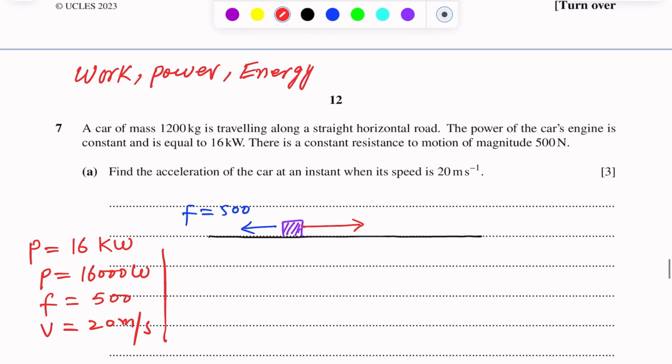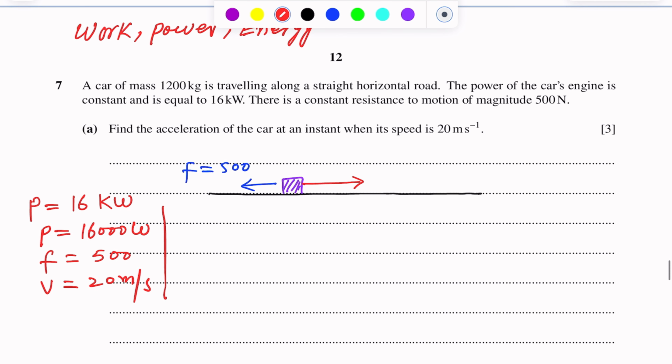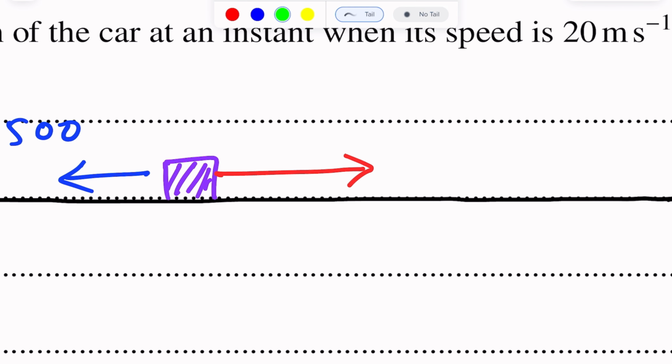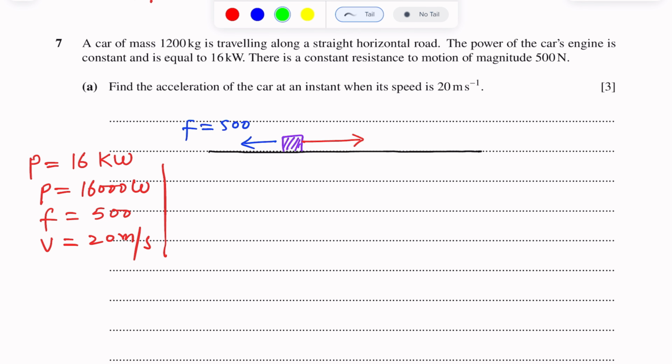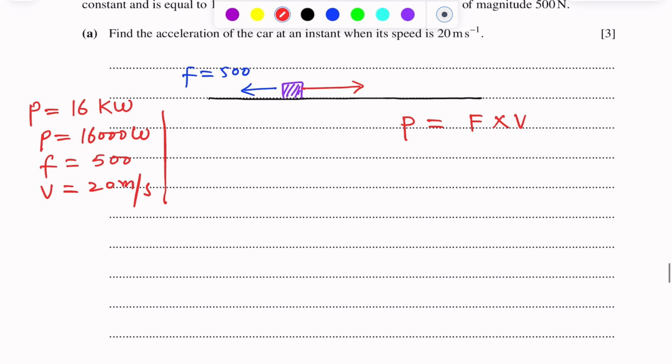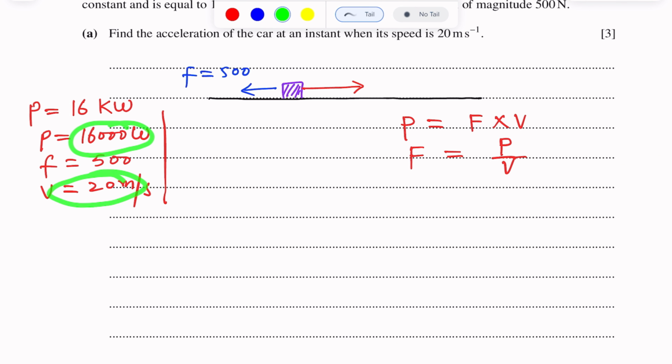Now first we will use Newton's second law of motion. What will be the driving force? We know that this is the formula for power: P is equal to F into V. But we need force, so we make F the subject: P over V. Now we have the value of P as 16,000 and V as 20.